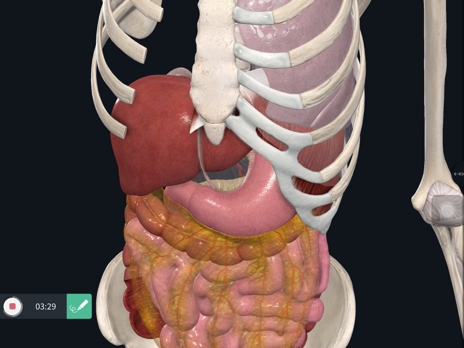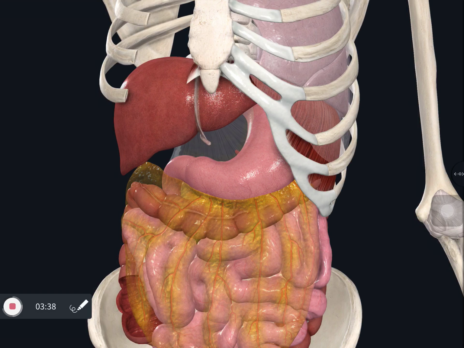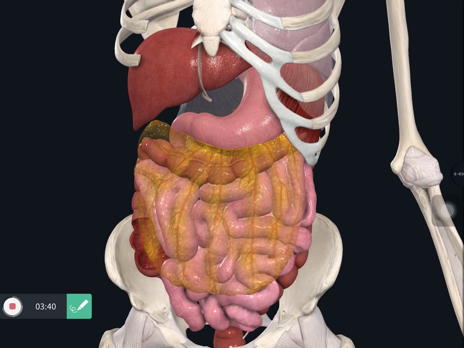And we've got the greater omentum, which extends from the greater curvature of the stomach downward, overlaying the small intestine, then back upward to be inserted into the transverse colon.